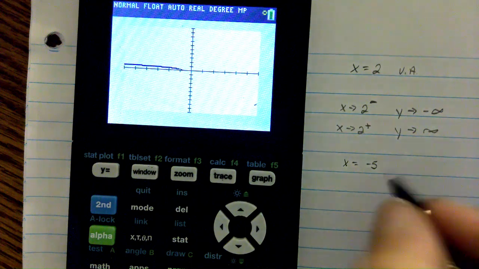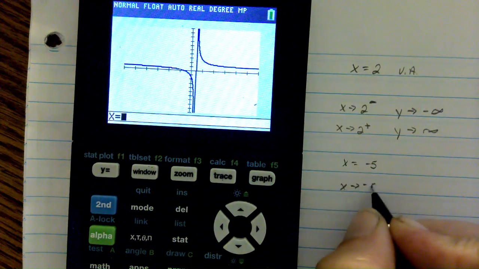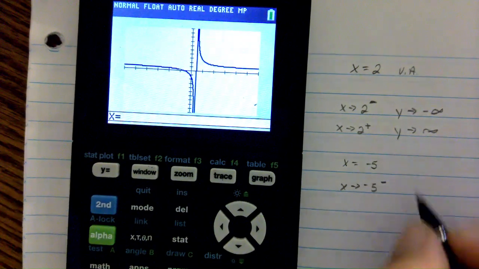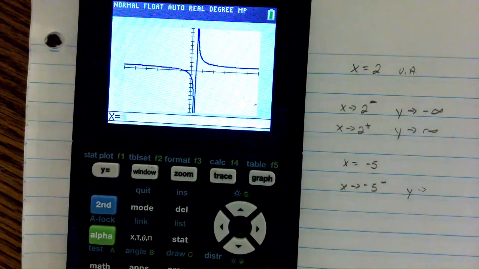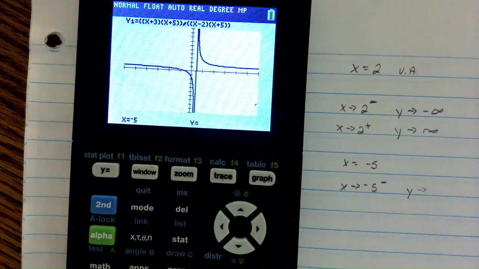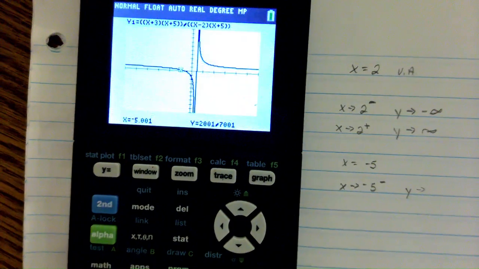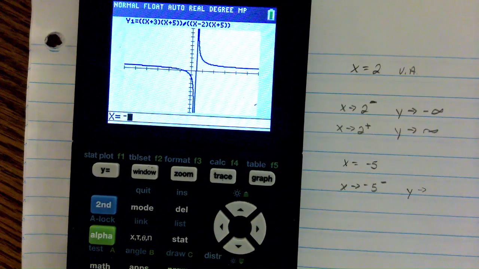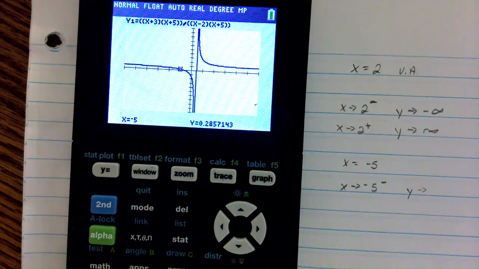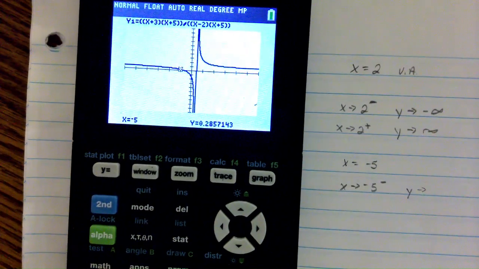What happens as we approach negative 5, but we're slightly to the left of it? What does our y get closer to? Now, negative 5 obviously is undefined, so negative 5.1. Well, that's 21 over 71. Negative 5.001: 2001 over 7001. We get really close to negative 5.